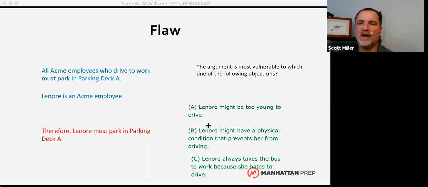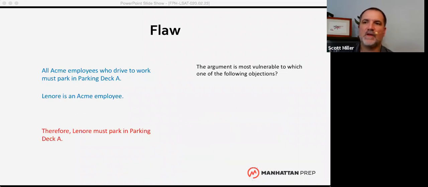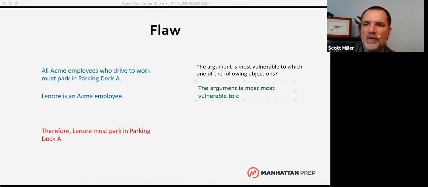Another way that the LSAT might do this is they might say something like, the argument is most vulnerable to criticism, or vulnerable to which of the following criticisms?